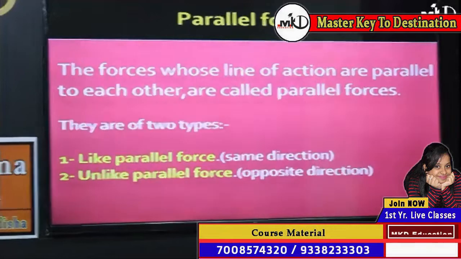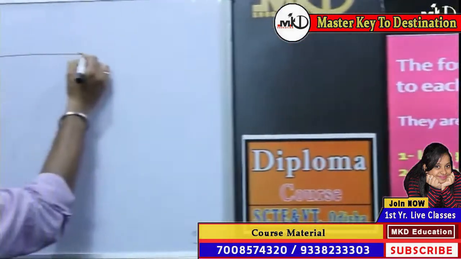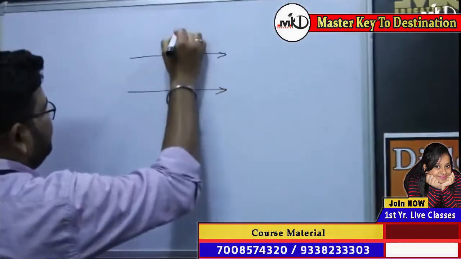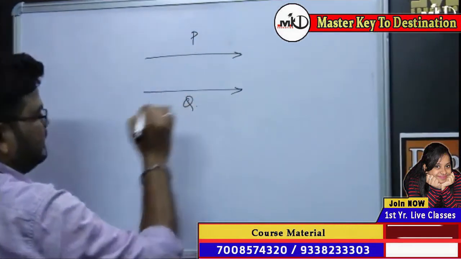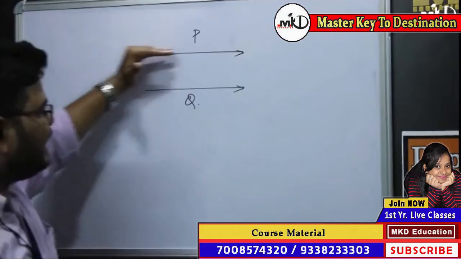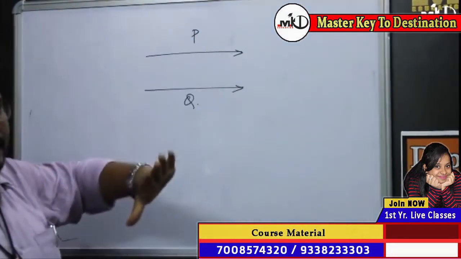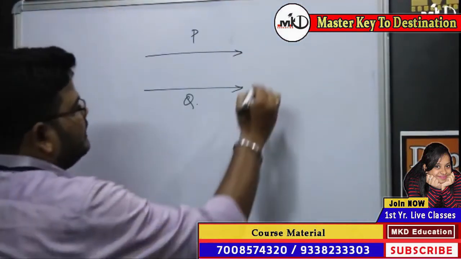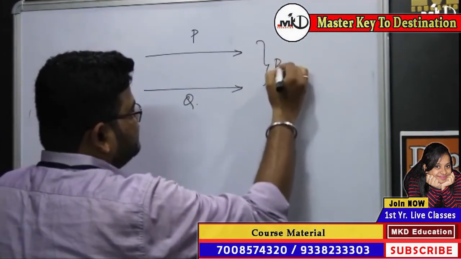Parallel forces are represented by two parallel lines. I have written here two forces P and Q whose lines of action are parallel, and these forces are known as parallel forces.